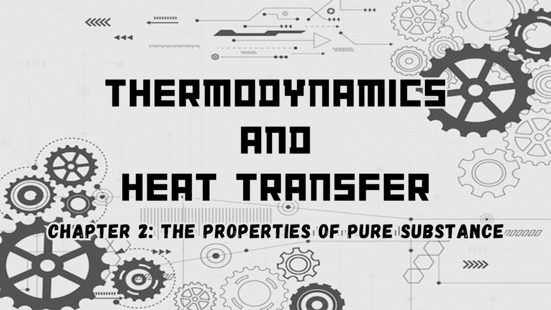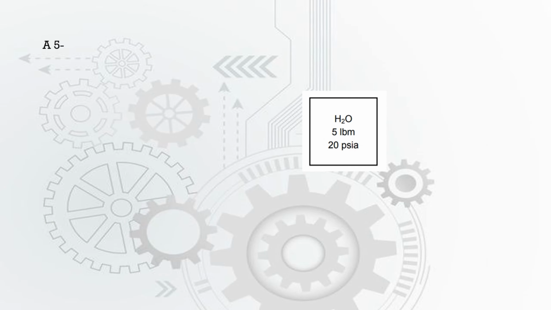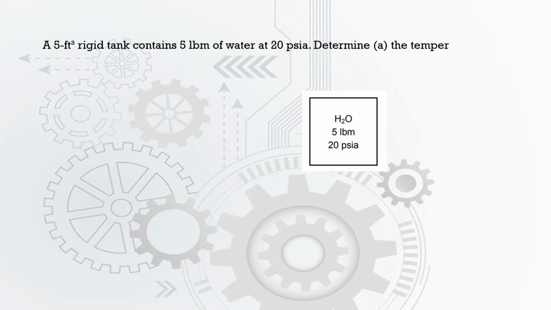Hello guys, today we're going to solve a sample problem in chapter 2 of thermodynamics and heat transfer, the properties of pure substance. The sample problem is, a 5 cubic feet rigid tank contains 5-pound mass of water at 20 pounds per square inch absolute.